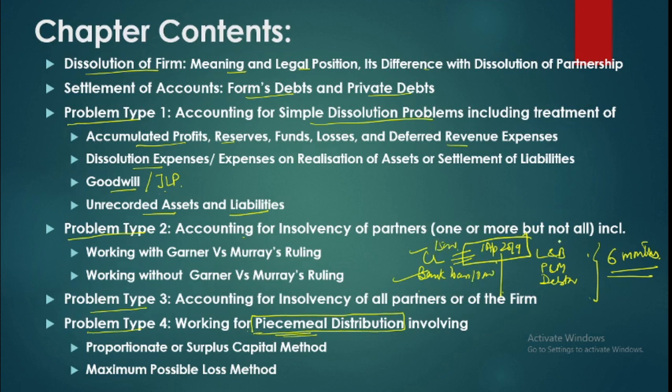Now you sold a part of your land and realized 12,000. Who should be paid first? Should it be paid to the lender or towards the creditors? So how will we pay? That is the actual scenario, and that is to be studied in piecemeal distribution. It's a very interesting question. There are two methods in this: proportionate and maximum possible loss method.